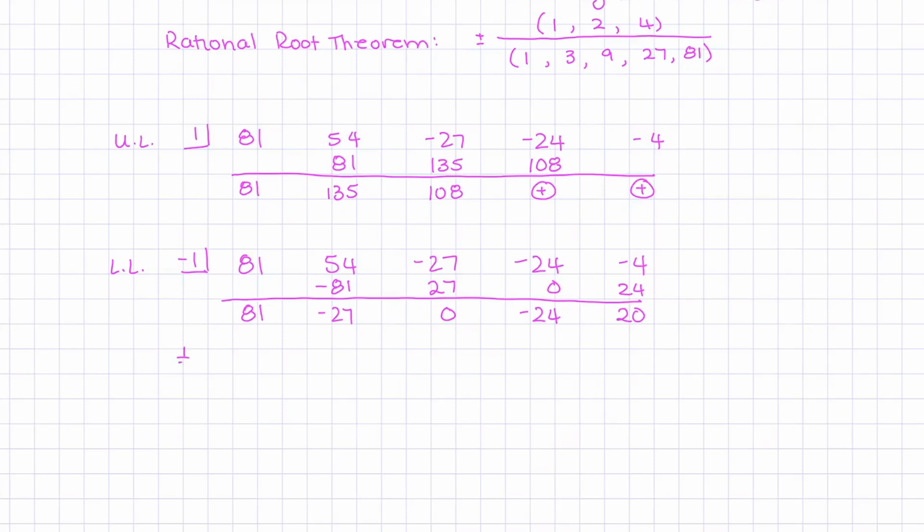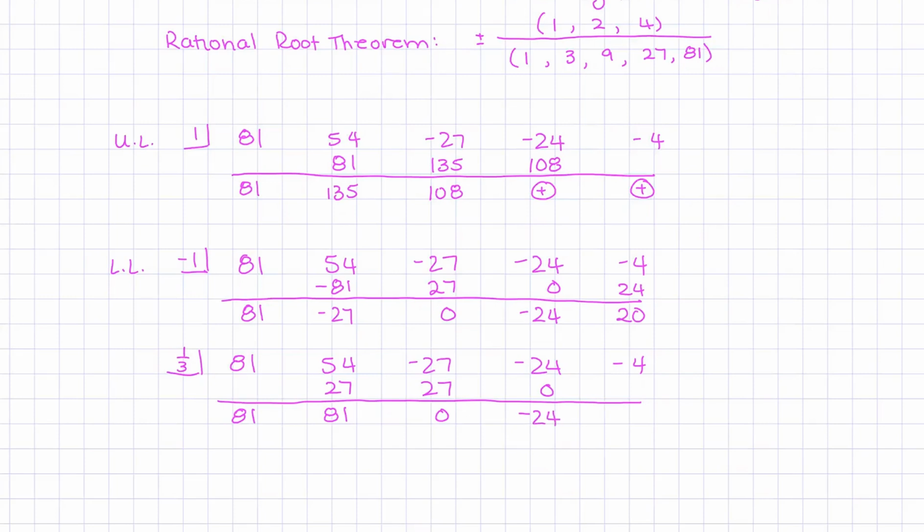Guess I'll go with 1/3. That is in there. A 1 is in the numerator and a 3 is in the denominator. So that's a possibility. So I go ahead and write all this down again, and bring down the first coefficient. 1/3 of 81 is 27, and we add. 1/3 of 81 is 27, and we add. 1/3 of 0 is 0, and we add.